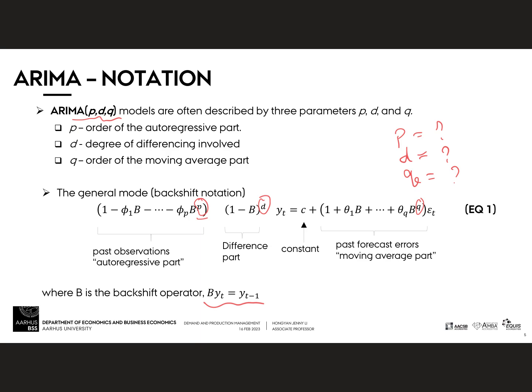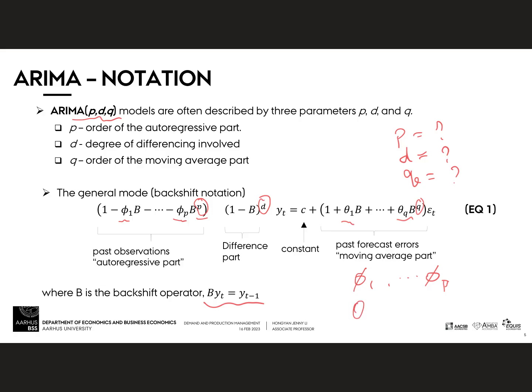That's the first step. The second step is to estimate the parameter values, or coefficients, of your autoregressive part and moving average part. So we have multiple parameters. First, phi 1 until phi p are the coefficients of your autoregression model.